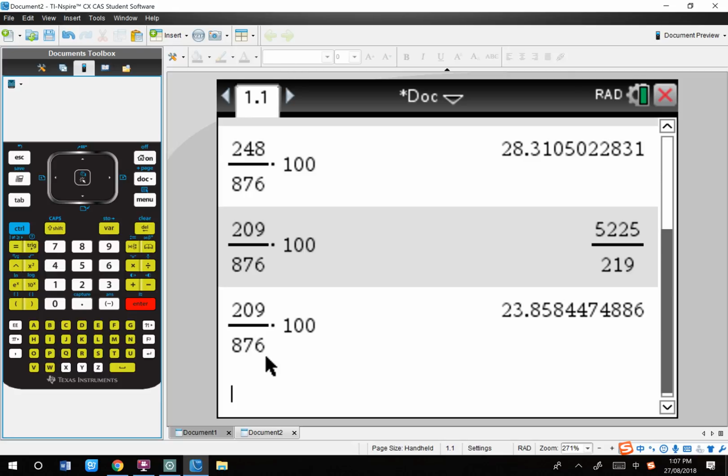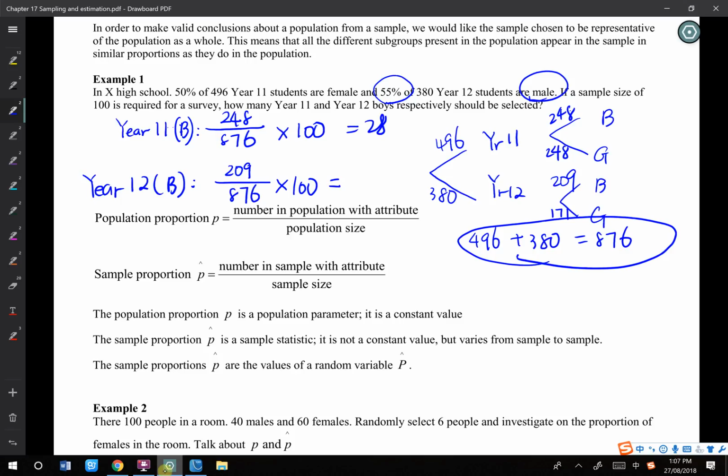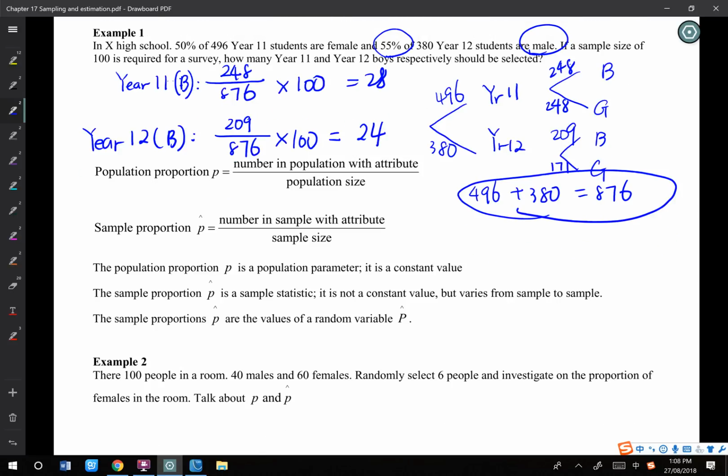We have about 24, rounding. This is the proportion. You want a similar proportion for the whole population compared to your sample. You might have a simple multiple choice question like this in the exam, asking which of the following samples will best represent the population. So you want to see all the same proportion.